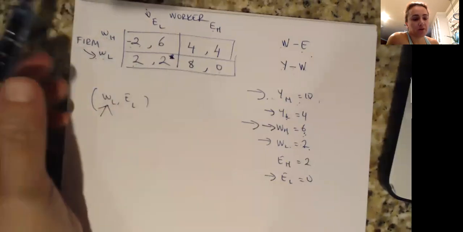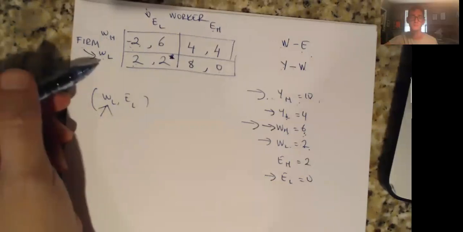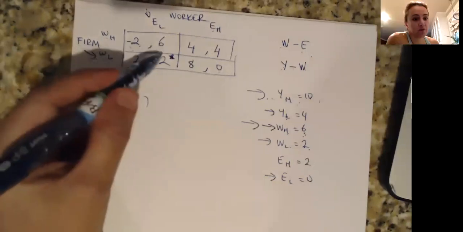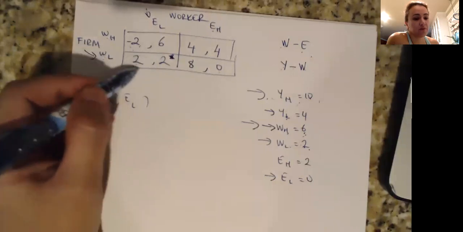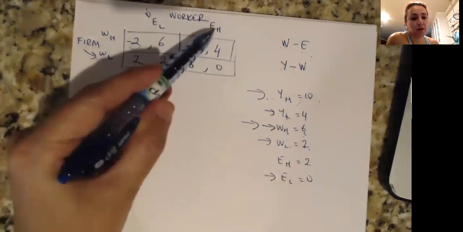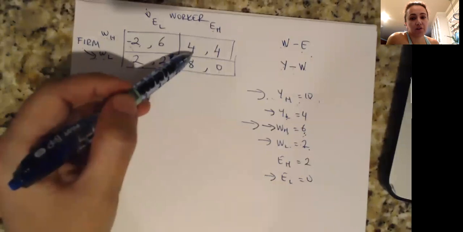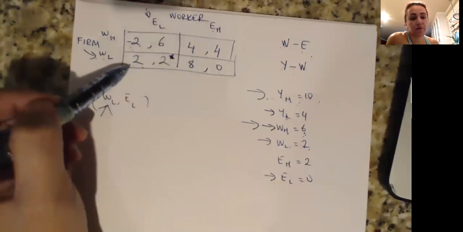Okay, I'm repeating again. You said that the firm pays WL because the wage is low, right? That's not the case. Well, yes, the wage is low, but the firm is getting 2. If the firm believed that the worker would play EH, then he would have played WH and get 4 instead of 2.